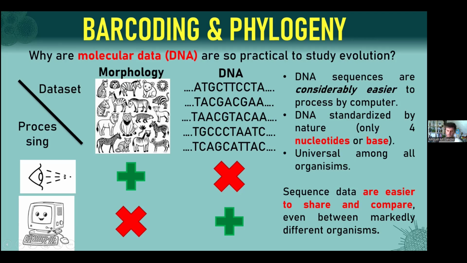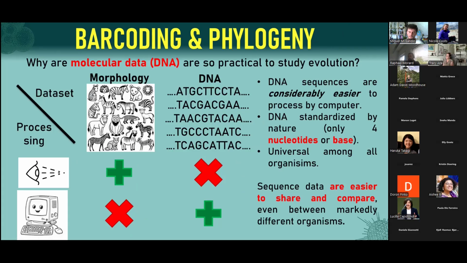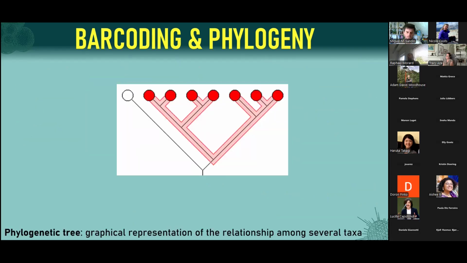Interpreting morphology is much more difficult, and you cannot do it across, let's say, bacteria, mammals, lizards, and so on, but you could do it with DNA. So sequence data are easier to share and compare, and easier for your computer to process.